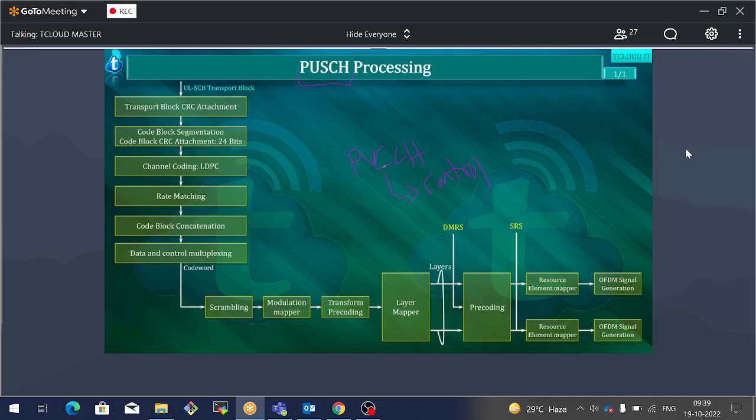But the control information it is carrying need not be carried only on PUCCH. Sometimes you can carry that control information along with PUSCH also.